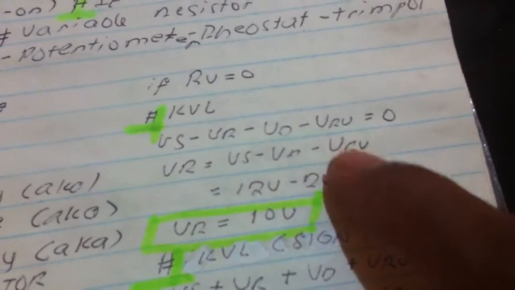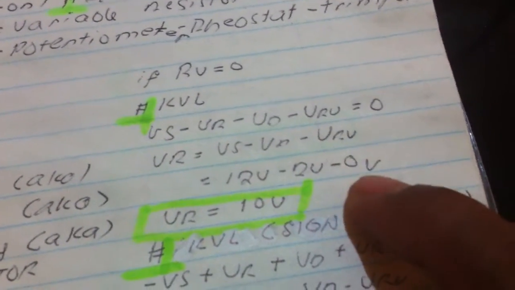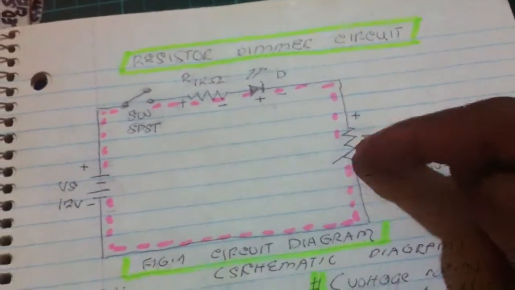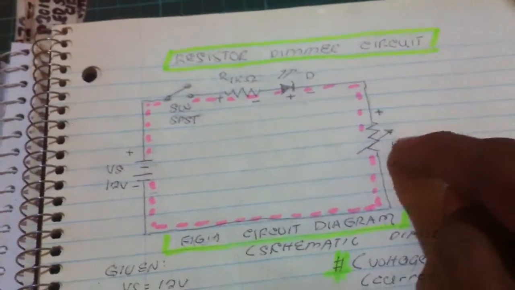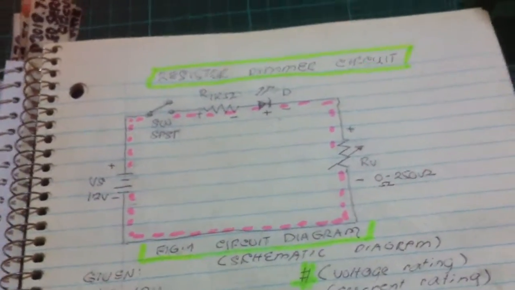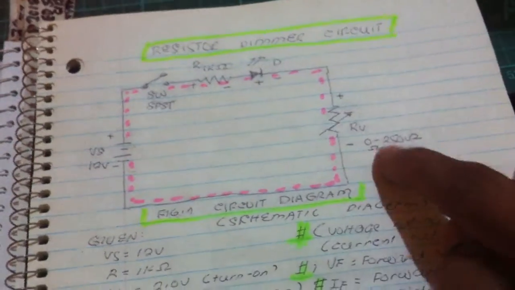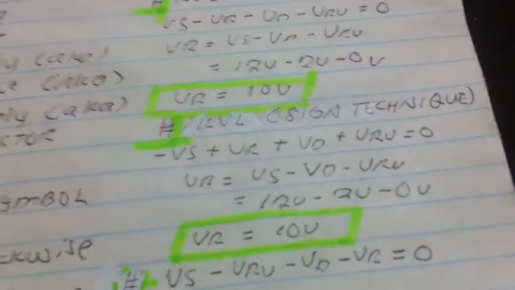So we got now here, and since the value of the variable resistor is 0, it means there's 0 voltage here, almost a short, because it has 0 resistance. That's our initial resistance value of this variable resistor.